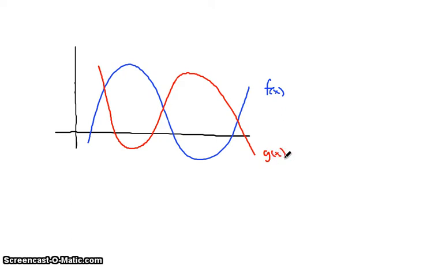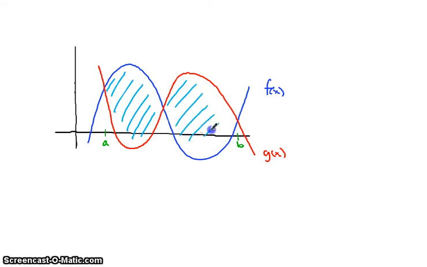If we're trying to find the area in between those curves from A to B, you'll notice that that first section that we're trying to find, right, we can see that there's two sections of area. We have this area here, we have this area here. In that first section of area, f of x is the top function, g of x is the bottom function.